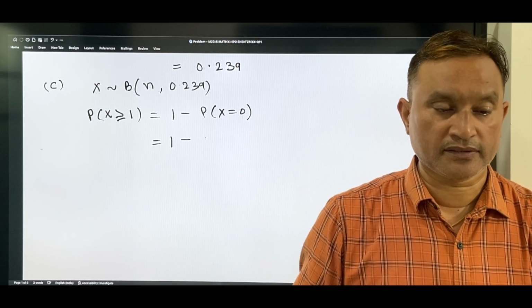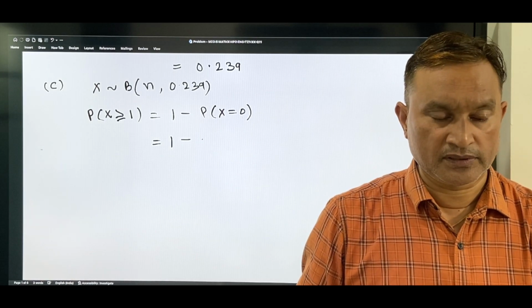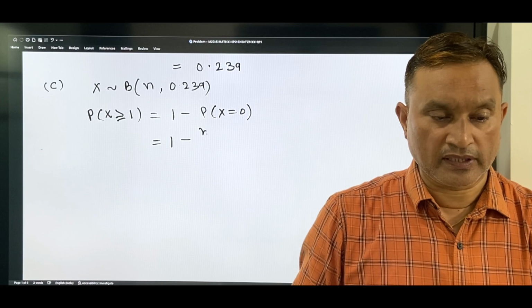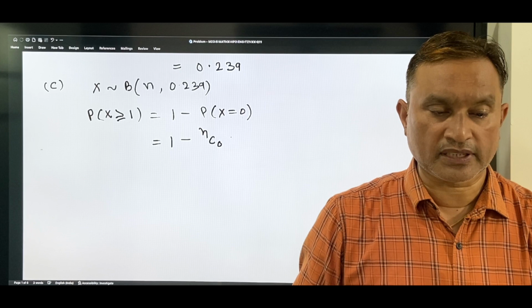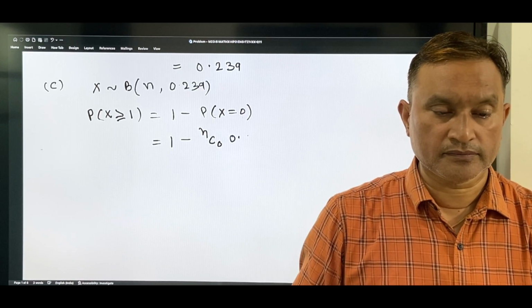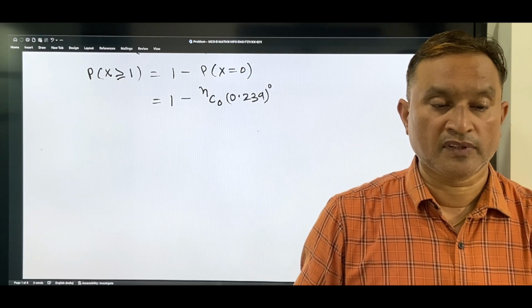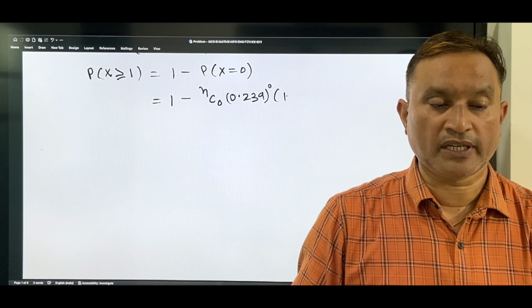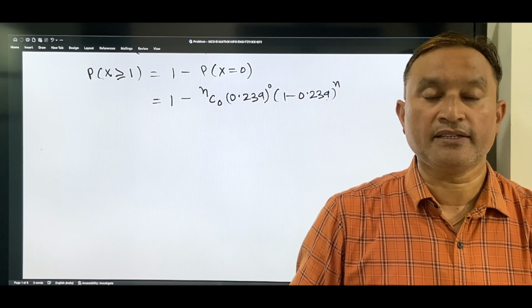1 minus the binomial distribution we will apply. So that is nC0, probability of success 0.239 raised to the power 0, and 1 minus 0.239 raised to the power n.